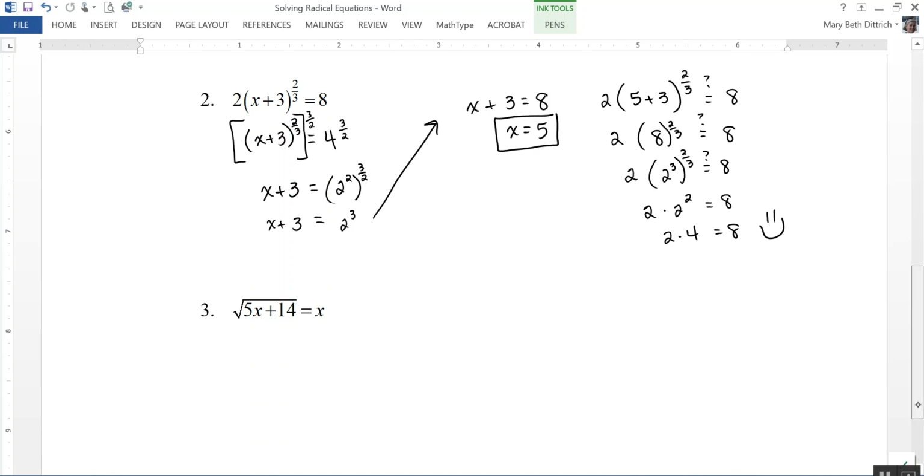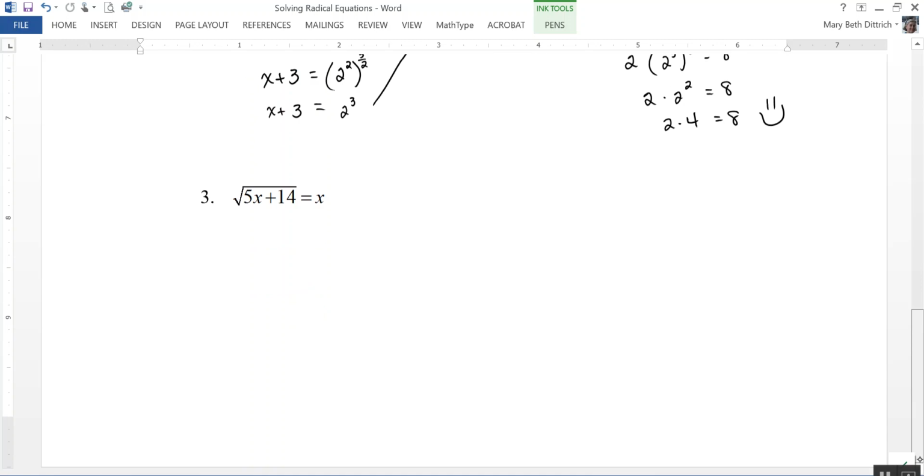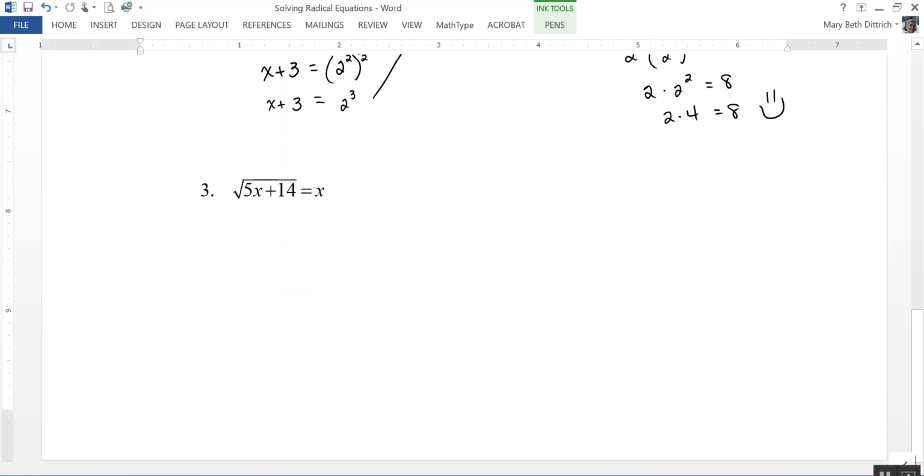And our last example here is the square root of 5x plus 14 equals x. So my square root is already isolated. So I'm going to go ahead and square both sides. So that gives me 5x plus 14 is equal to x squared.